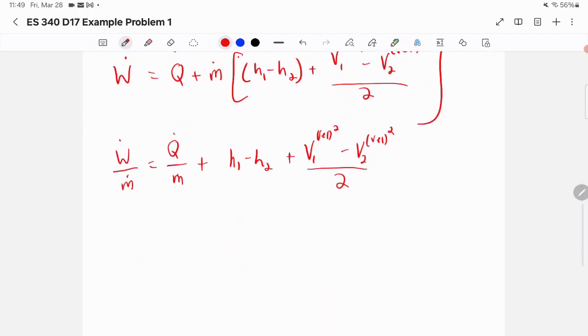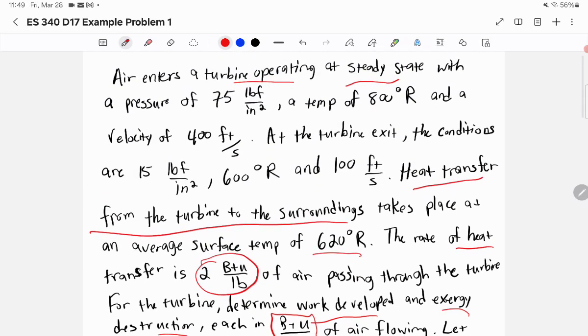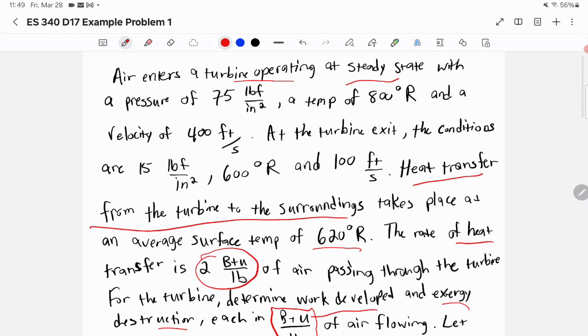Because of that, it's going to be minus 2 BTU per pound. We have to remember directionality does matter here. The heat transfer is going from the turbine to its surroundings, which means it's negative.